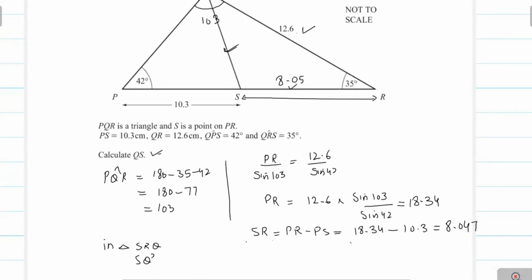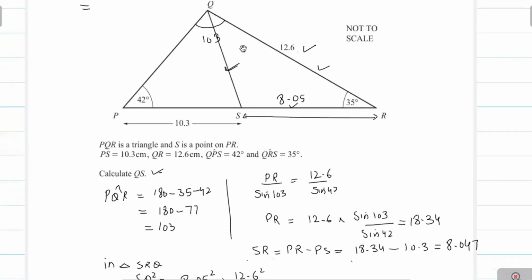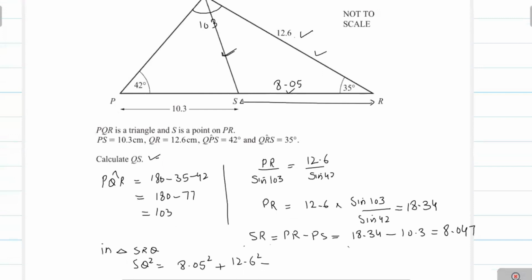The SQ square will be equal to 8.05 square plus 12.6 square, sum of square of other two sides, one is SR, other is RQ, minus 2 times the product of these two sides, 8.05 and 12.6, into cos of angle between them.